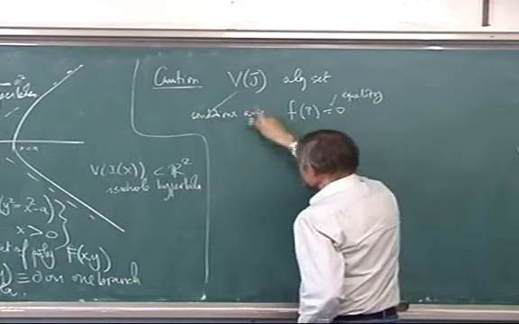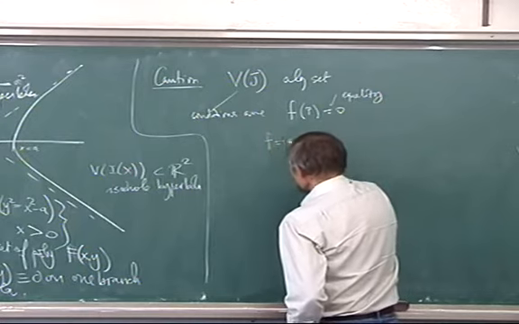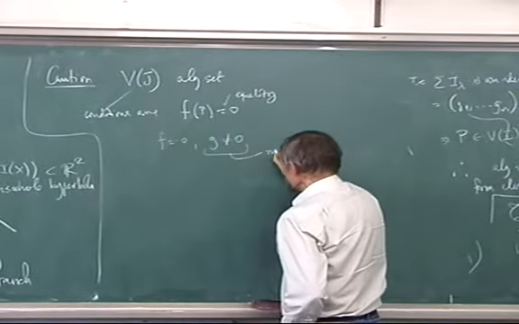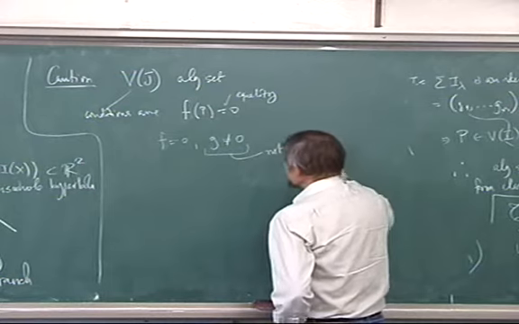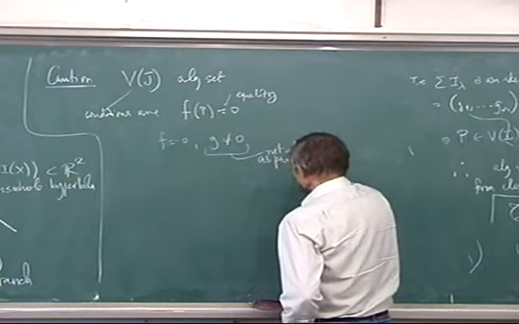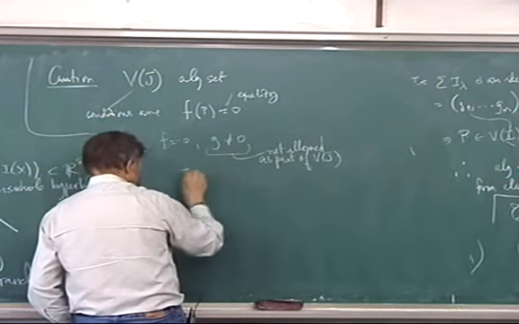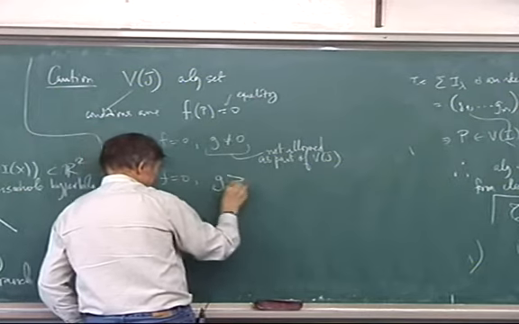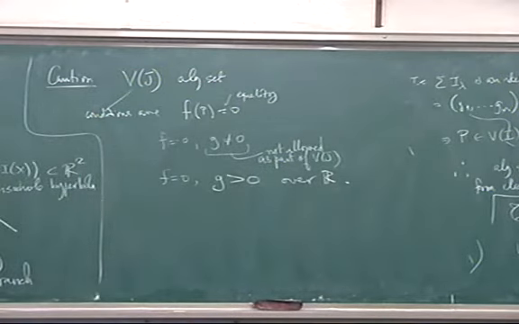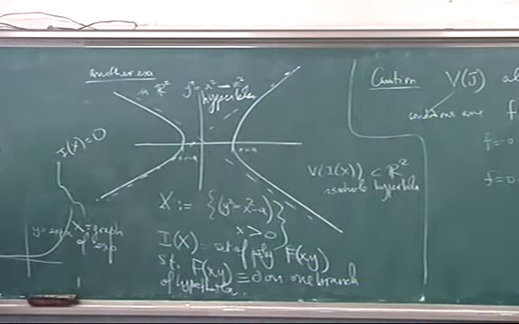So, for example, if I want f to be equal to 0 and g to be not equal to 0, that's not allowed as part of V of J. I'm certainly not allowed to say f equals 0 and g greater than 0 over R. So in this case, if I take this one branch of a hyperbola, then it's not an algebraic set.